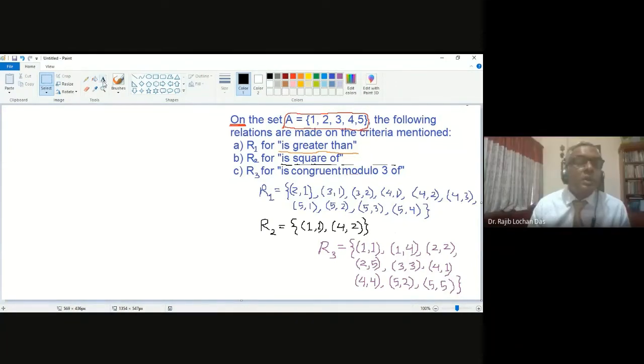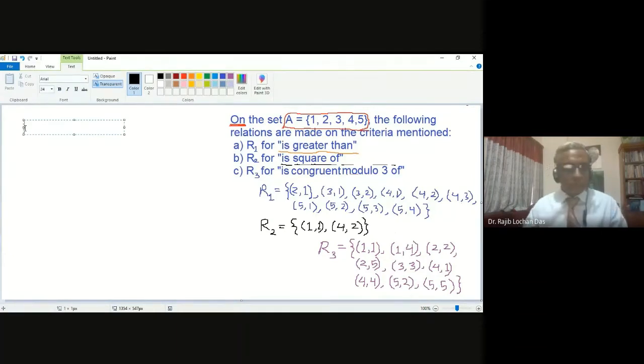Okay, so let me talk about reflexivity first. How can you call one relation a reflexive relation? How can you say that?